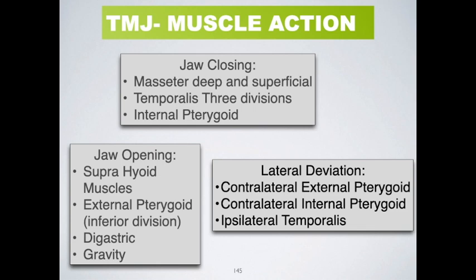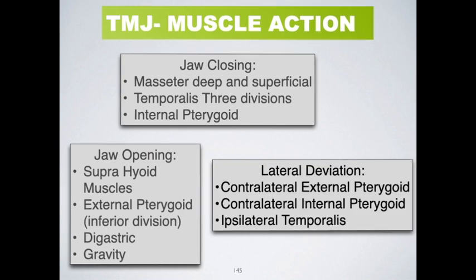Lateral deviation is a little trickier. You've got the contralateral external pterygoid, contralateral internal pterygoid, and the ipsilateral temporalis. There's more to it than that, but that's a good place to start to keep your thinking straight when we're learning the testing.